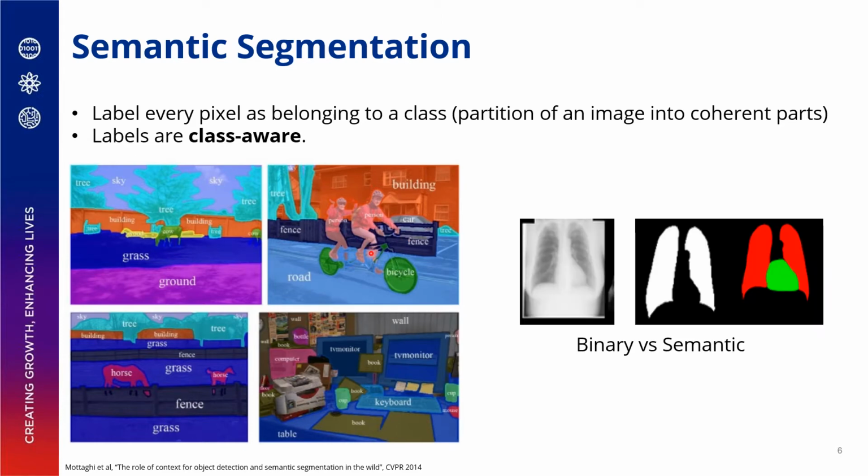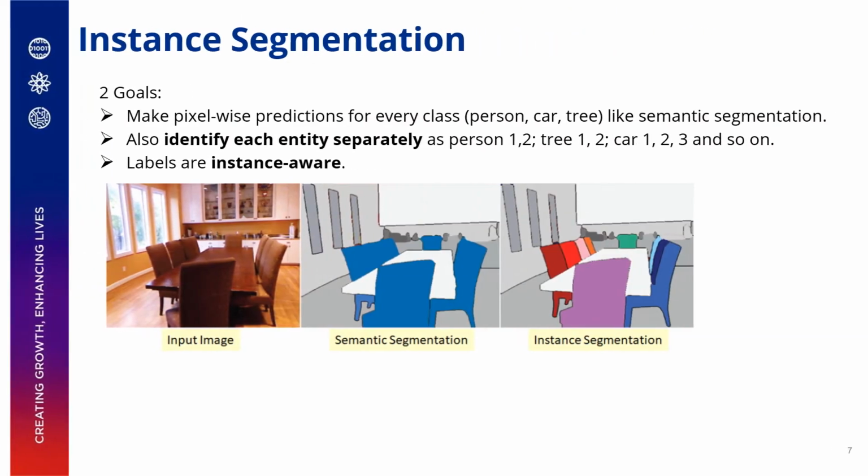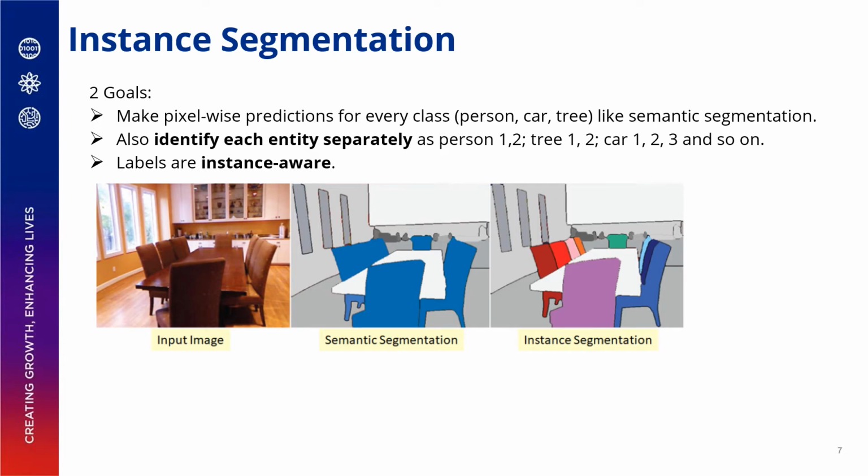So in terms of the difference between binary and semantic segmentation, in binary segmentation you're only looking for just one class, whereas over here, you're looking for more than just one class. For instance segmentation, you go one step further than semantic.